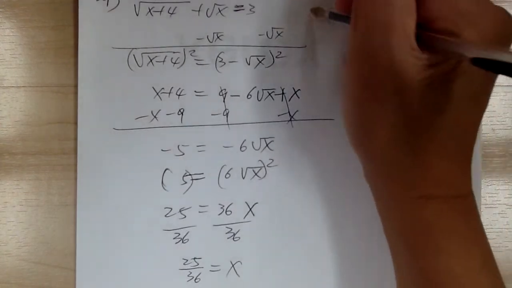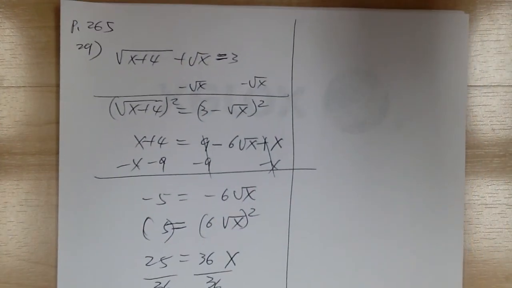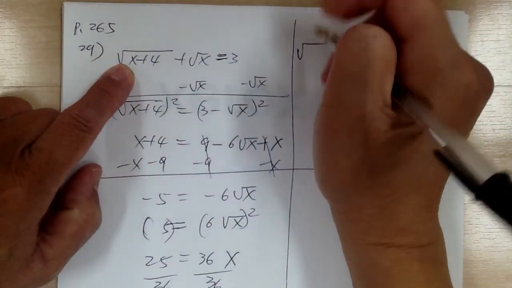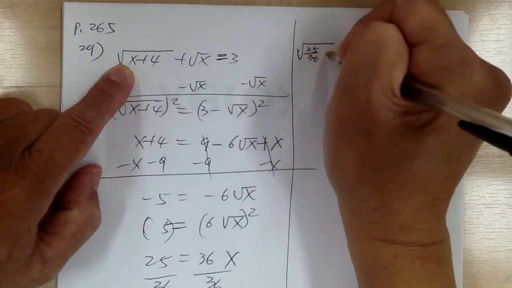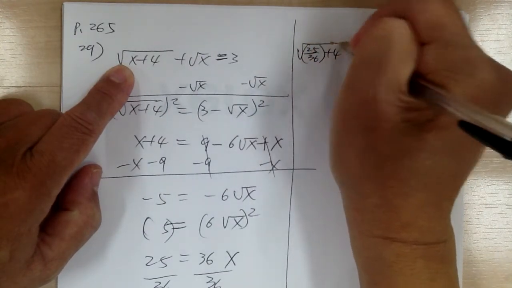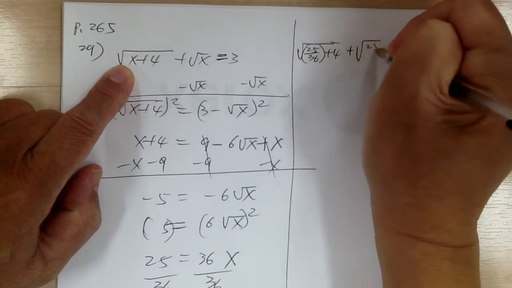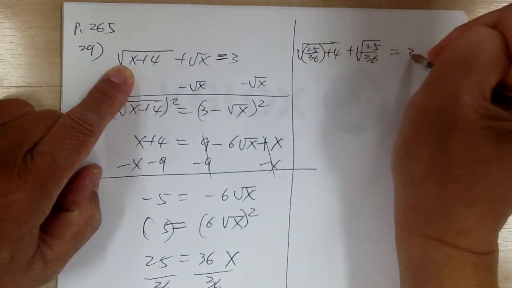Now, don't forget to check your answers. So substitute: you've got the square root of 25 over 36 plus 4, plus the square root of 25 over 36, equal to 3.